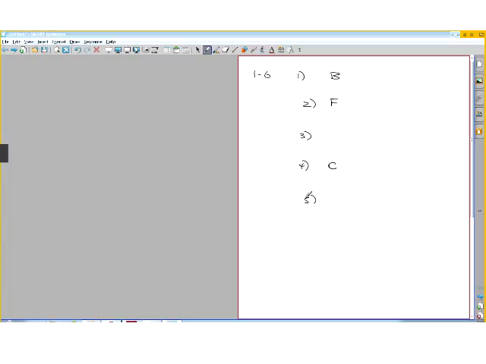Okay, 5. The Cartesian product of A and B. So let's just go back and remember what Cartesian product is. It's defined as ordered pairs, so you end up with ordered pairs when you do a Cartesian product.